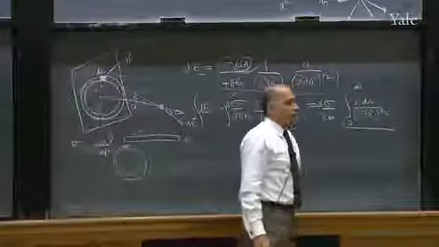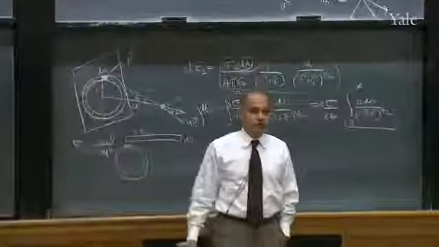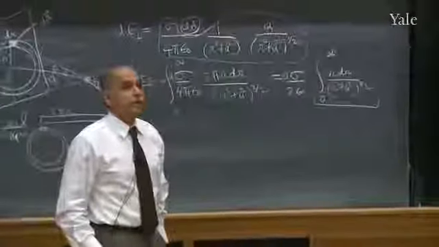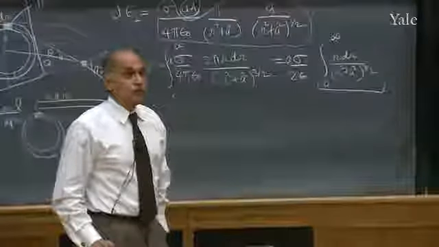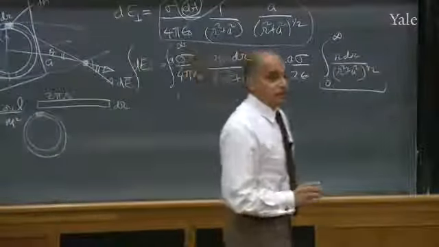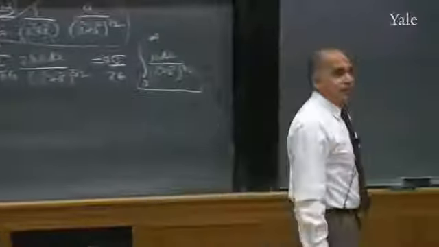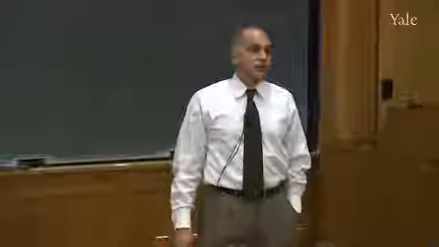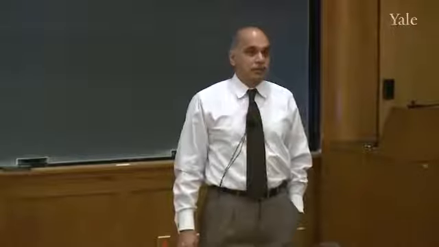You have any idea what you might do now? Yep. U substitution? Right? U substitution is a pretty safe answer, but you've got to go a little beyond that. Substitute r squared plus a squared for u over 2.